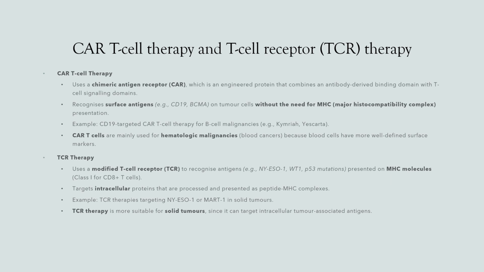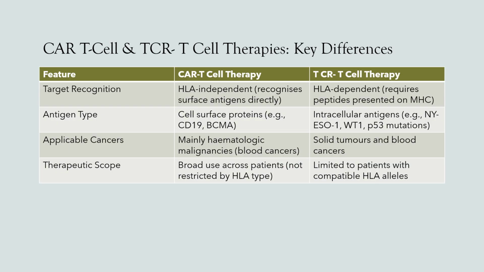I think the only thing that I didn't say really is that CAR T cells are used mainly for blood cancers, whereas TCR therapy is used for solid tumours, where it can target intracellular tumour associated antigens. And here, I just thought I'd contrast and compare the features of CAR T cell therapies and TCR T cell therapies. It's just a summary of what we've already discussed, really.